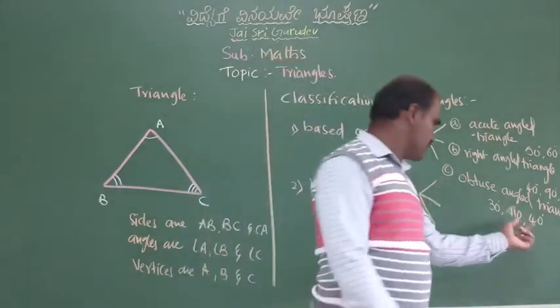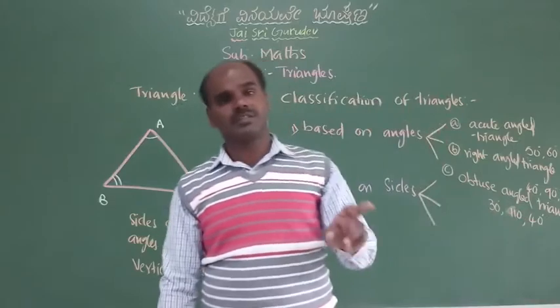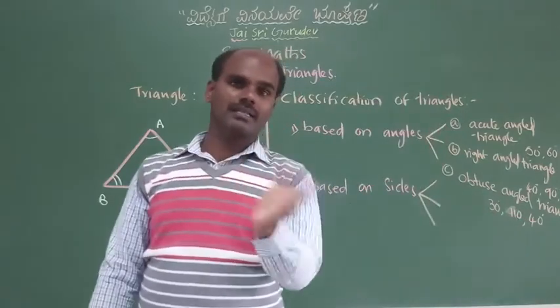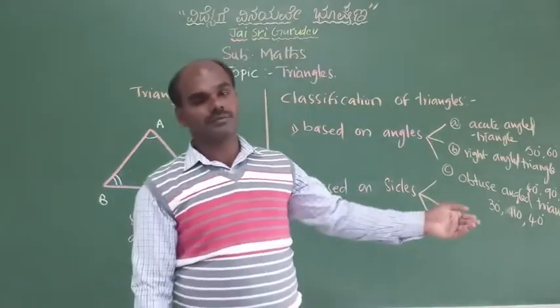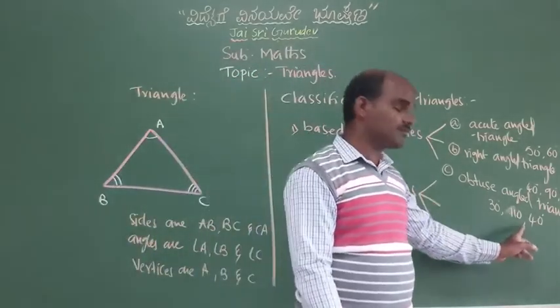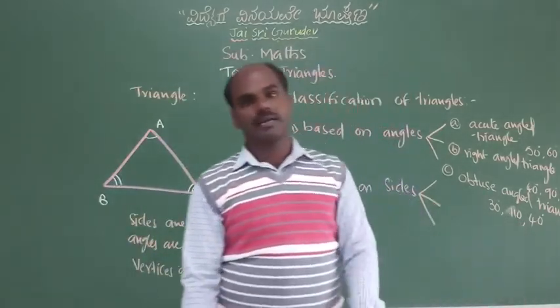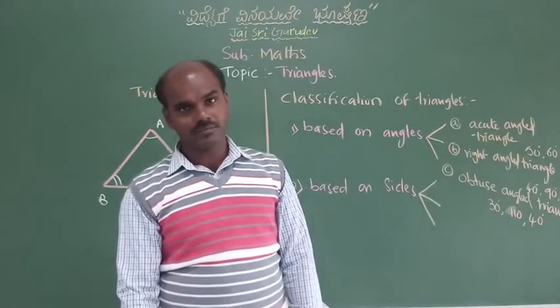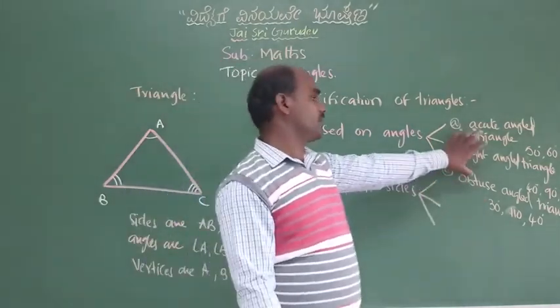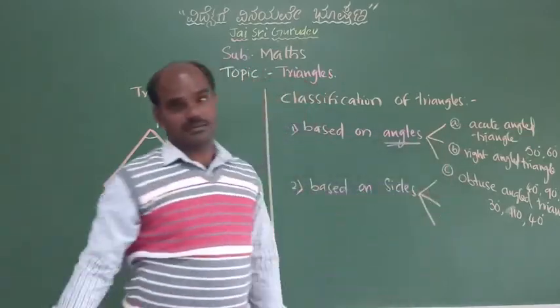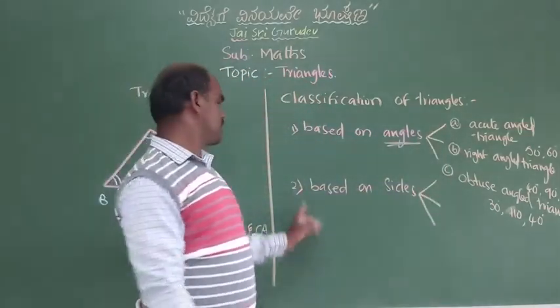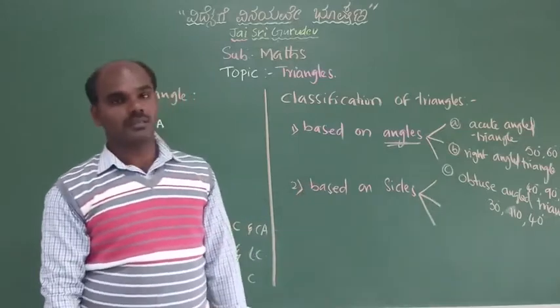One angle, 110 degrees, is more than 90 and less than 180, no children. So such a triangle can be called an obtuse angle triangle. These three types are based on angles.